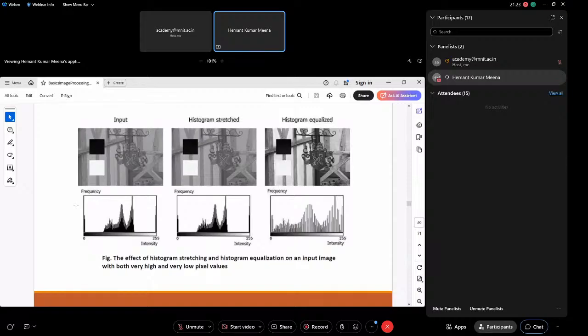While in the histogram equalization, you see it has better able to lead the contrast in the image. The final objective is to bring the maximum contrast. So I hope you would be able to see the limitation of histogram stretching and the advantage of histogram equalization.